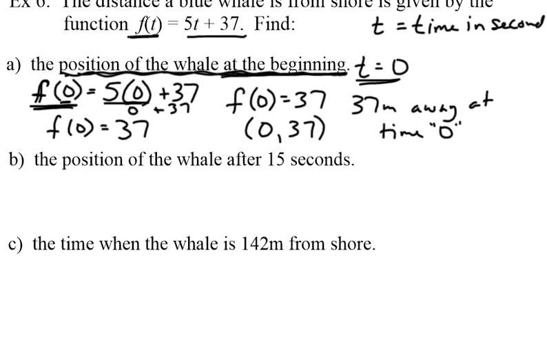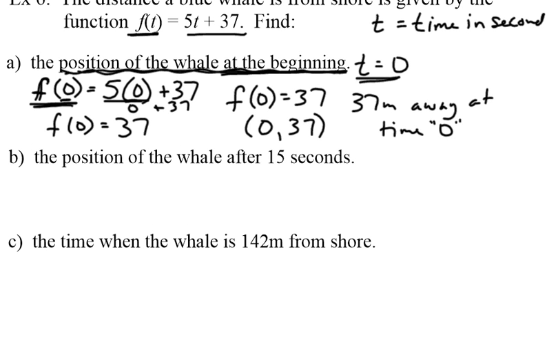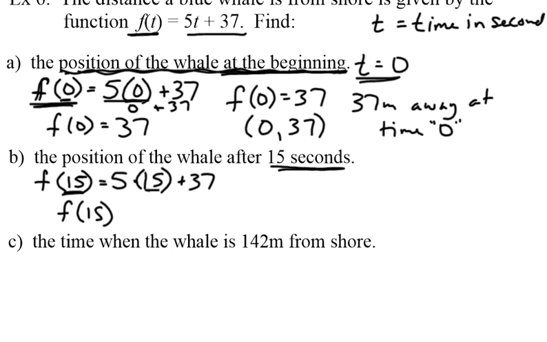Another situation, what's the position of the whale after 15 seconds? Well, this time we know we want a time of 15 seconds. So f of 15 is going to be 5 times 15 plus 37, because it's dictating a time of 15 is what we put in. 5 times 15 is 75. 75 plus 37 is 112 meters.